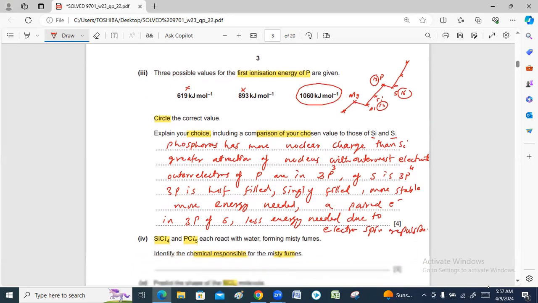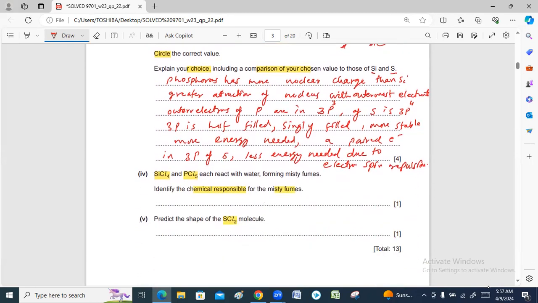In phosphorus, it is half filled, the electrons are singly filled, so they are more stable. And in sulfur, there is a paired electron, and due to the electron spin repulsion, less energy will be needed to remove that electron. You can make a short statement as well.